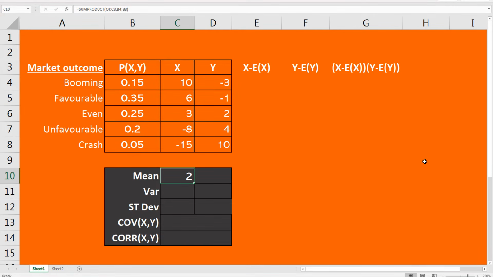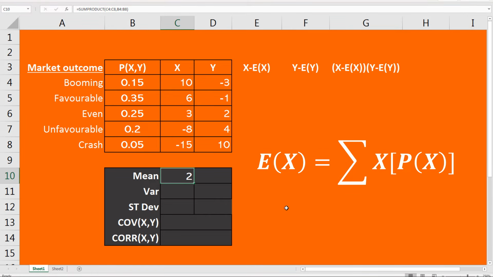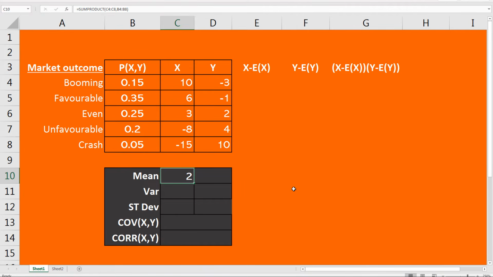Now that was just using this fancy formula that you might have seen before, but you'll know with me on this channel, I tend not to use formulas too much because I want you to develop intuition. I hate the idea of people just applying formula without due understanding. So again, for Y, we can do the same thing.